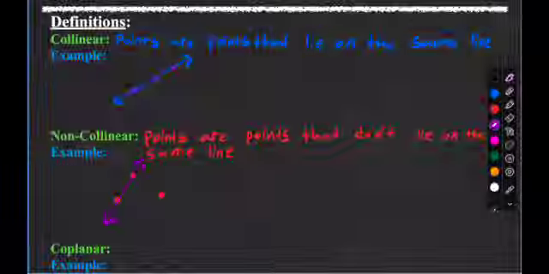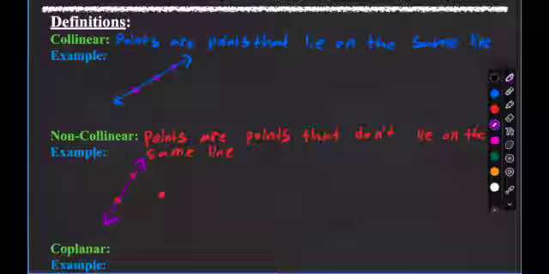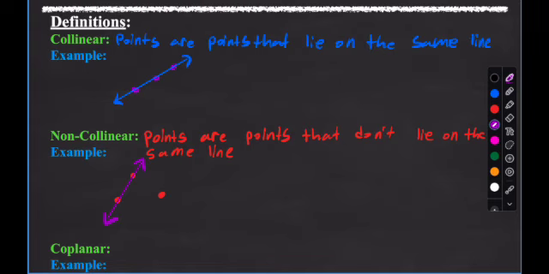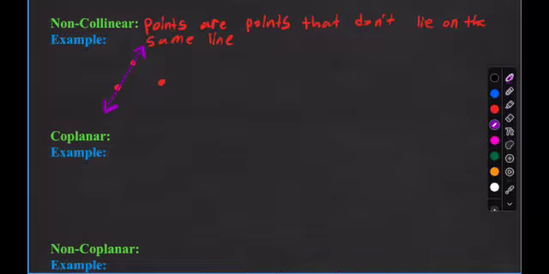Non-collinear, they do not. Remember, in order for us to have collinear or non-collinear, we must have at least 3 points. Remember I said a little bit ago that a line can be created with any 2 points. As long as we have 2 points, we have a line that goes through those 2. If we add a third one, then we get our collinear and non-collinear.